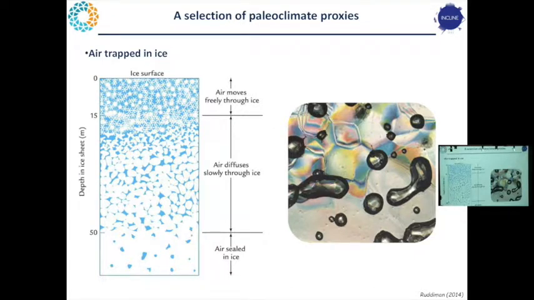A very important proxy for past climates and past environmental conditions is the chemical composition of the air bubbles trapped in ice.